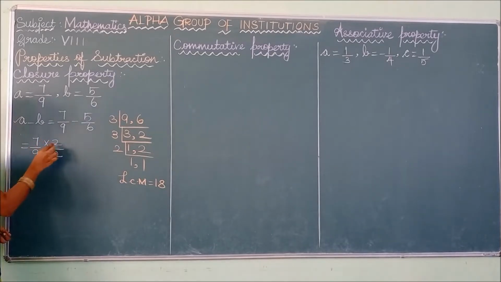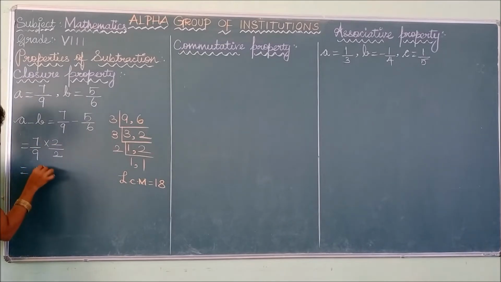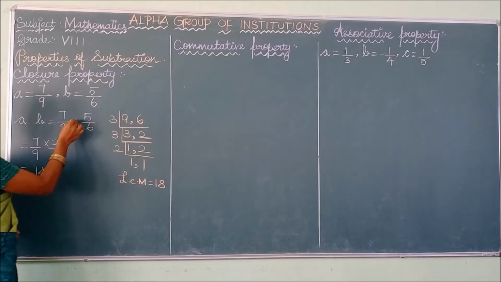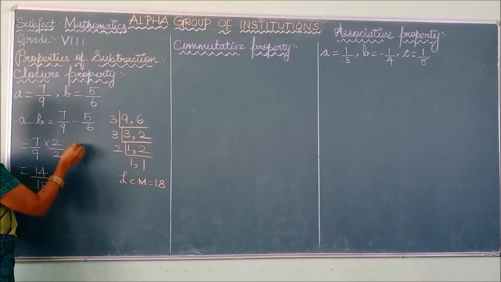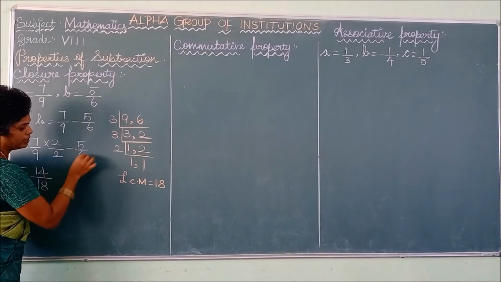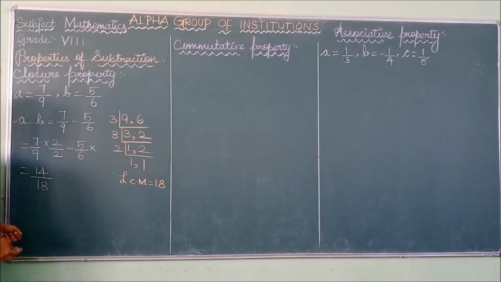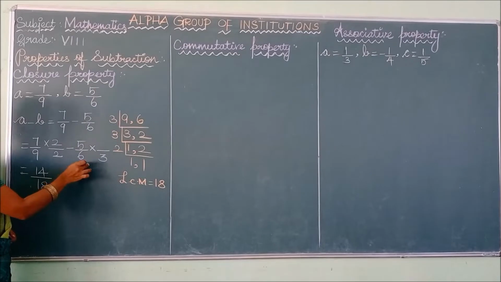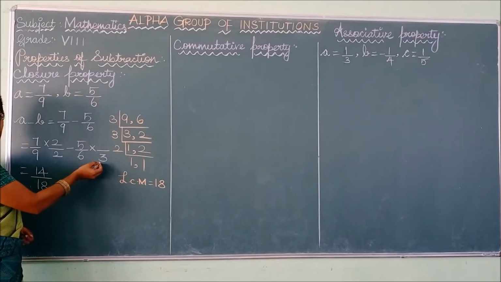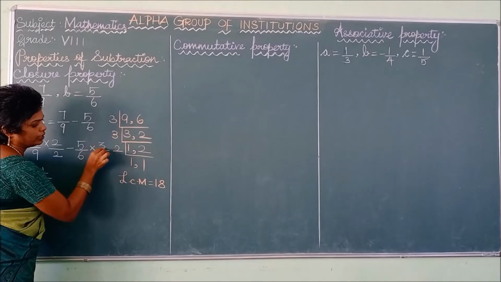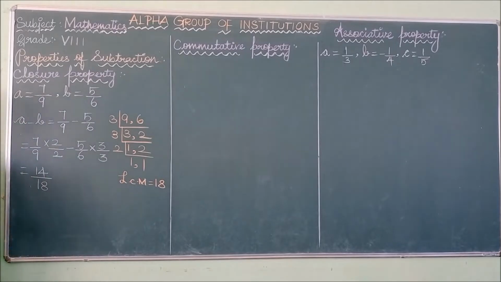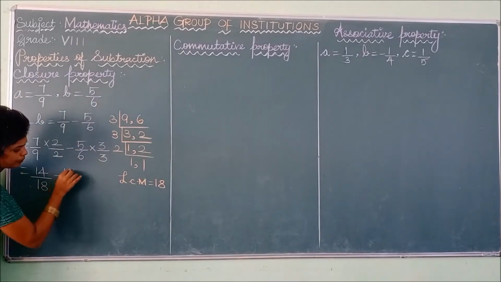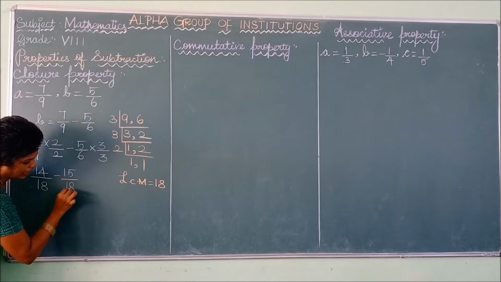So 7 2s are 14 divided by 9 2s are 18. Then put the difference sign. Here the value is 5 by 6. When 6 changes into 18, if you multiply by 3, it changes to 18. So you have to multiply the numerator also by 3. So 5 into 3 is 15 divided by 18.